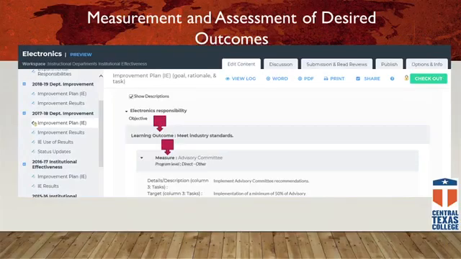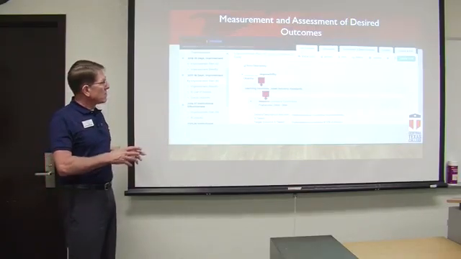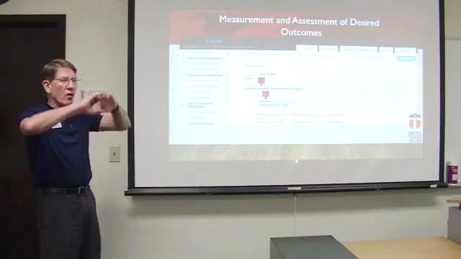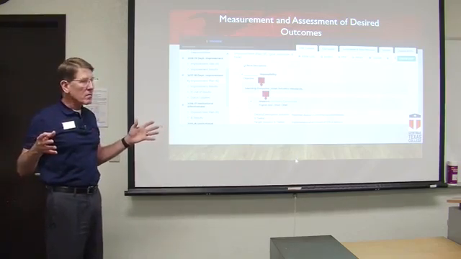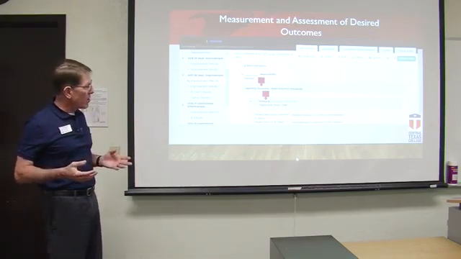Okay. Well, I wanted to go back for a second and talk about that objective versus goals versus outcomes. In TaskStream, this is the way that it's set up. Okay. The objective may be, say, electronic department's responsibilities. So that's the overarching goal. Okay. Then we're going to get into the learning outcomes or the goals.